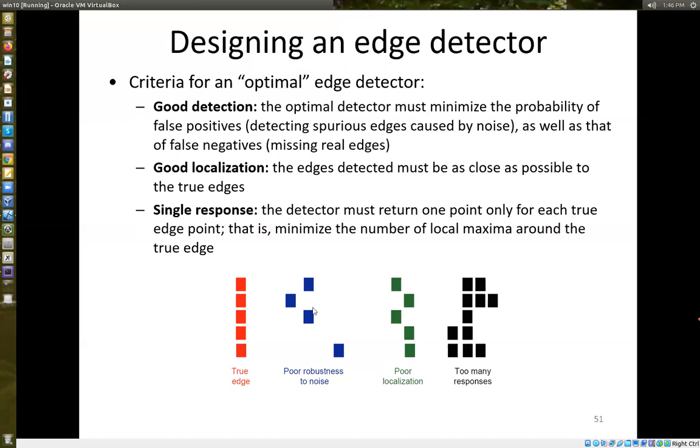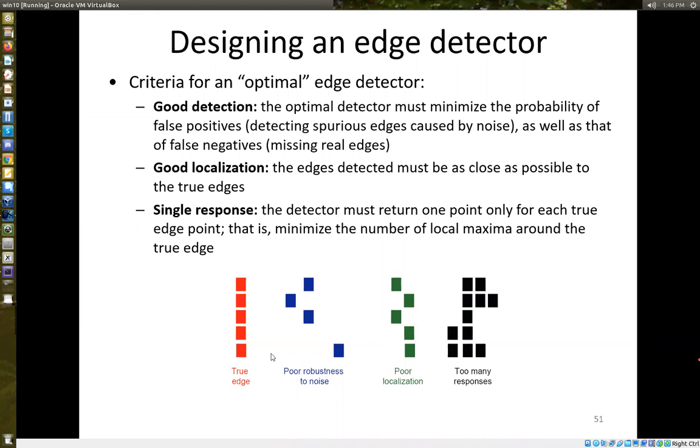But here we refer to the fact that maybe it's not an edge, but you have a false positive saying that's an edge when it's not really an edge. Or you have a false negative, where it's an edge but you do not consider it one. Localization is when the edge here is actually the edge, but it doesn't get close to the real edge.